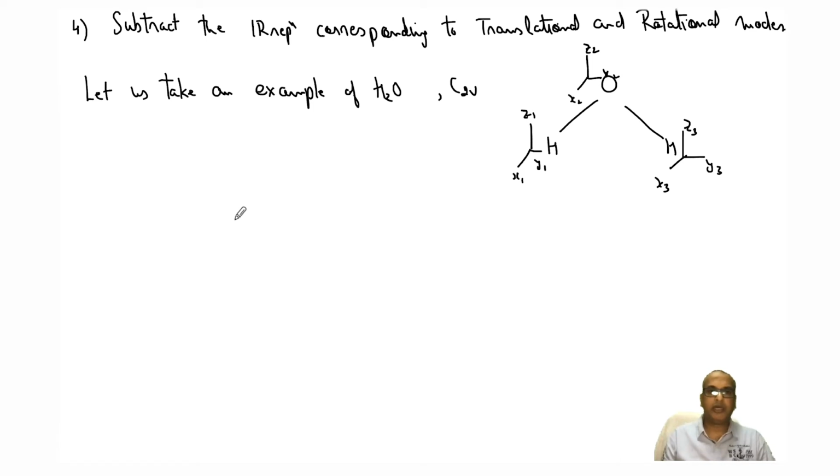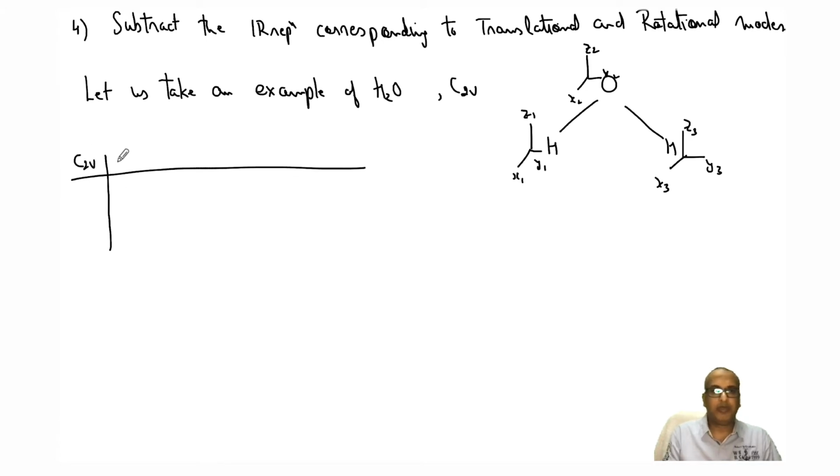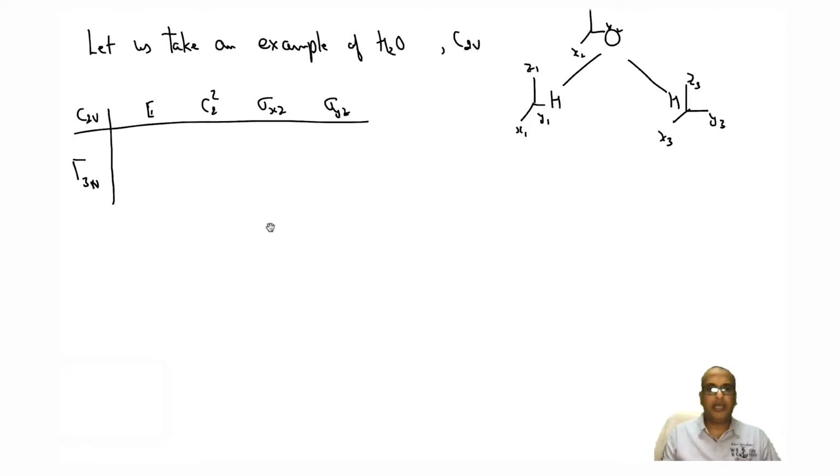Now create a reducible representation. Under the C2V point group, what are the symmetry operations? We have E, C2Z, sigma XZ, and sigma YZ, right? And we are trying to create gamma 3n. Okay. Now for E, there are 9 vectors, so the dimension has to be 9 cross 9. So for E, let us see how to do this.